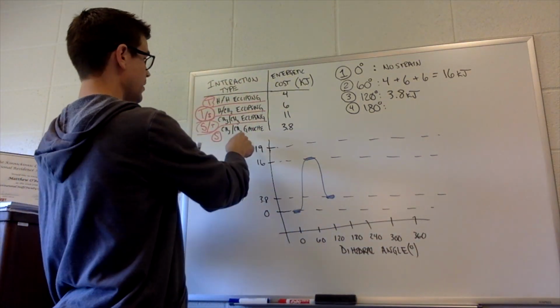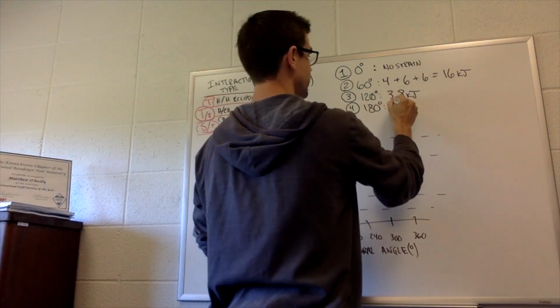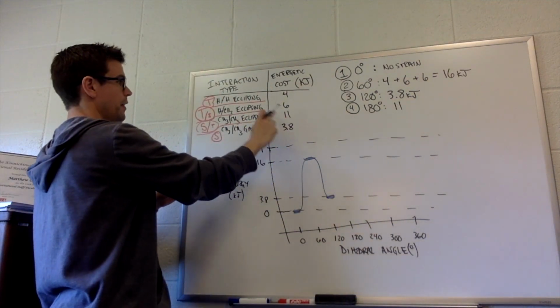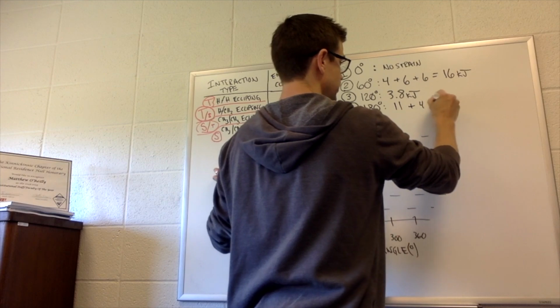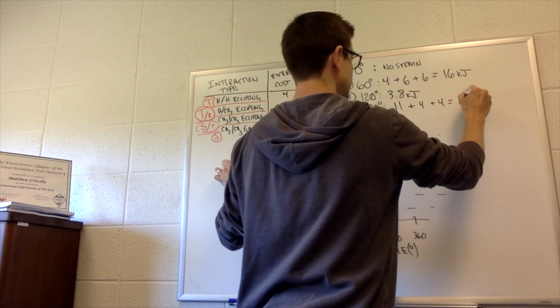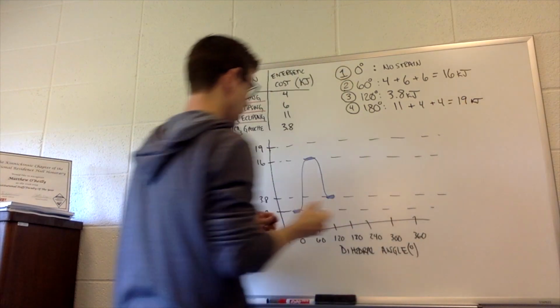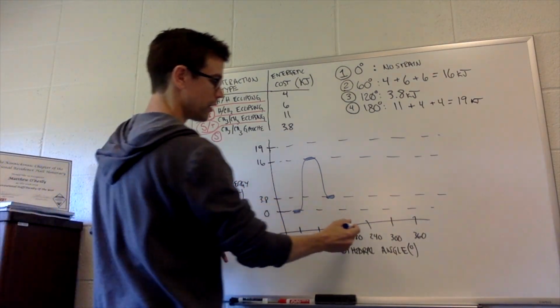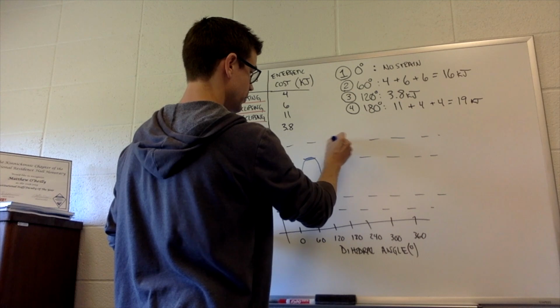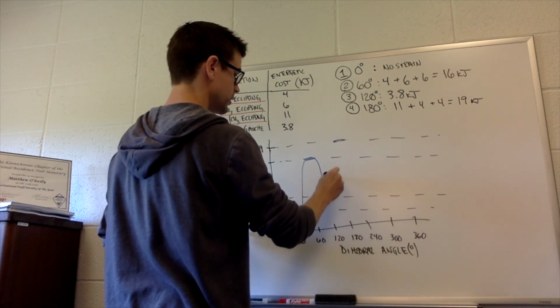So that gave us 11 from the CH3 eclipsing with the CH3, and then 2 of these HH eclipsing interactions. So 11 plus 4 equals 19 kilojoules. At that 180-degree dihedral angle, we go up to the maximum of the energy plot.